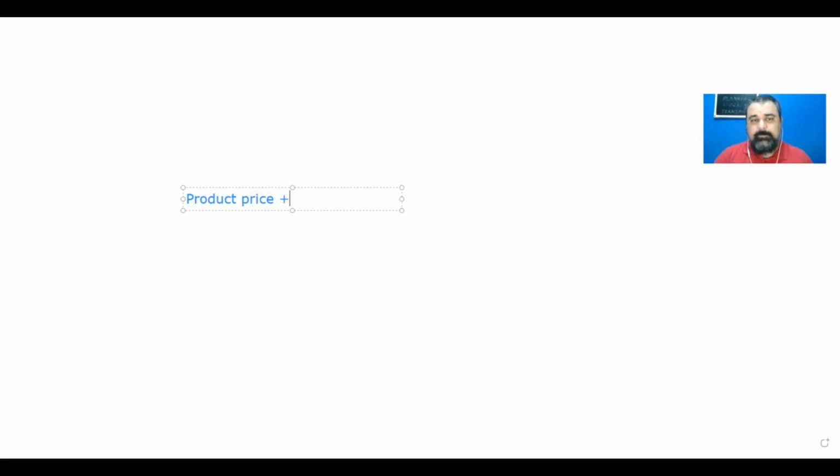So to determine the best or the lowest possible cost, we must put here product price or material cost. This is the cost for all the material that we are going to buy.